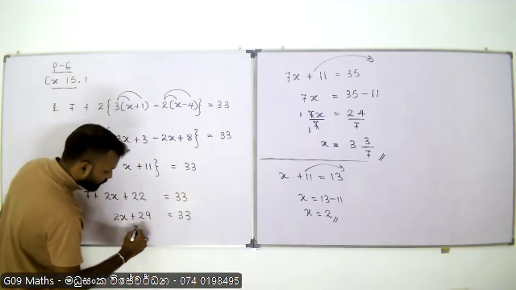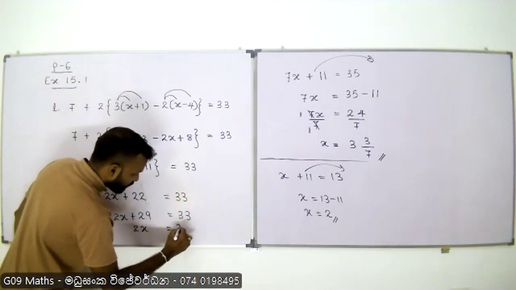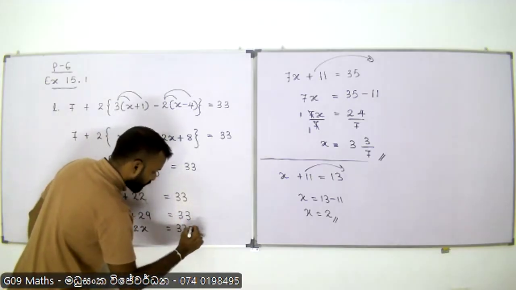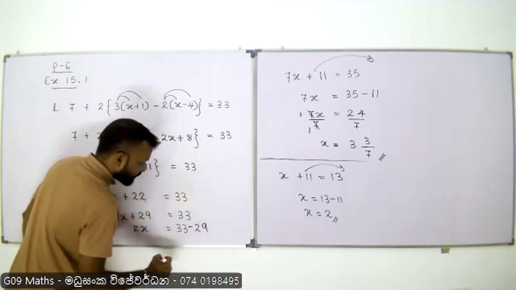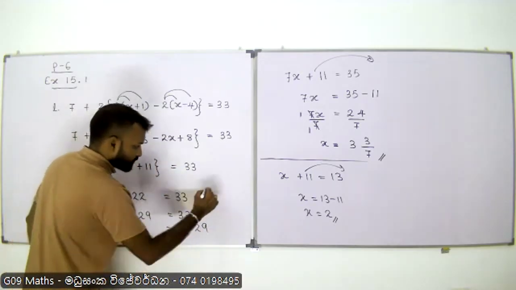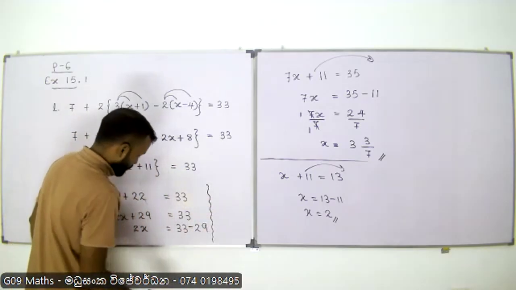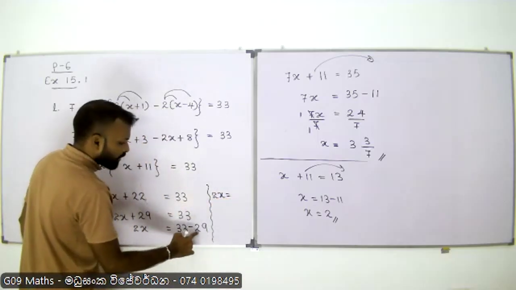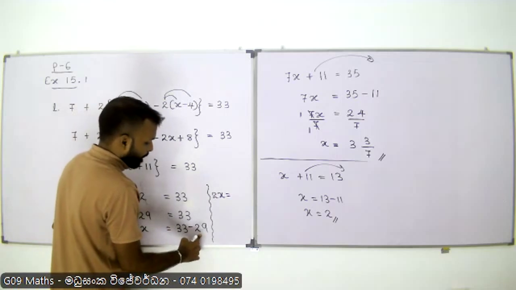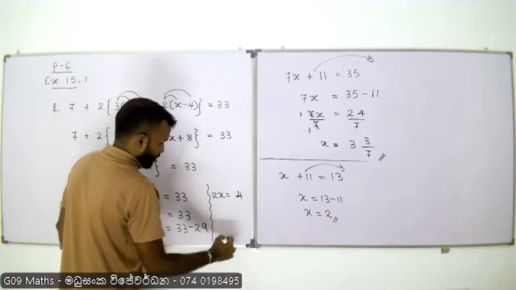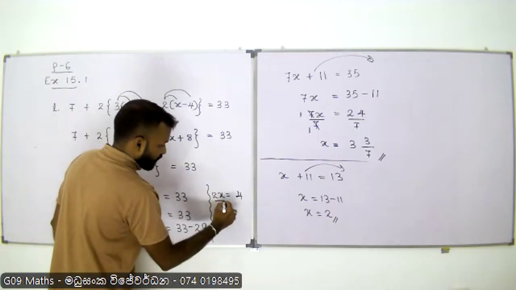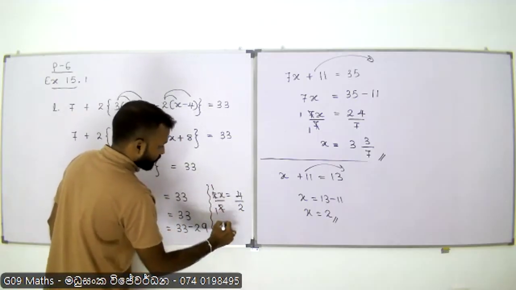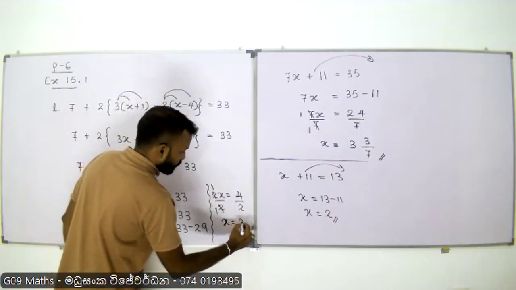So you will be having 2x equals 33 minus 29, which means 4. So divide by 2 on both sides. 2x divided by 2 is x, and 4 divided by 2 is 2. X is equal to 2.